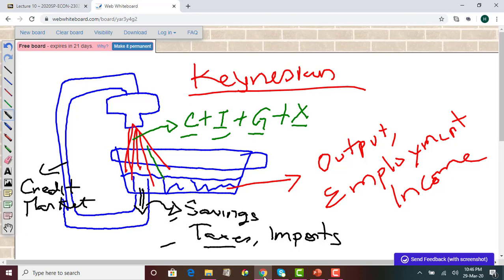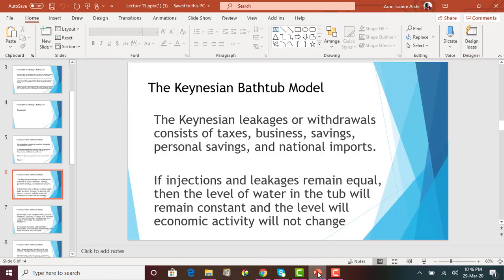So that's how we will represent the Keynesian theories using the bathtub model. Again, if you look at slide 6, under the bathtub model, the Keynesian leakages are anything that reduces your output, and that includes business savings, personal savings, taxes, and imports.